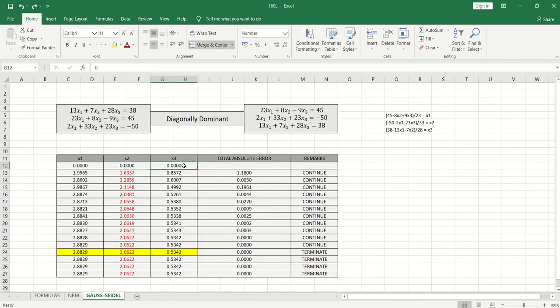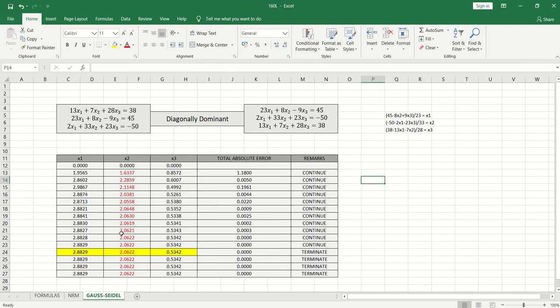So the total absolute error is the sum of d minus e, f minus x, and y minus m. It should be less than 0.00001 to determine the root. So the iteration continues until the total absolute error is less than 0.00001.